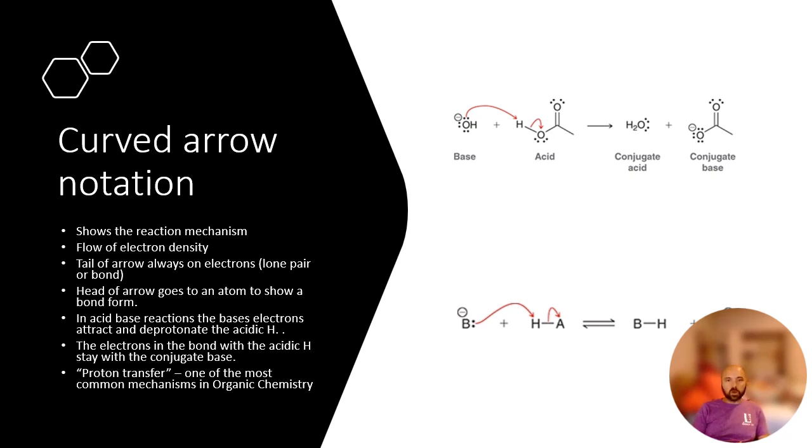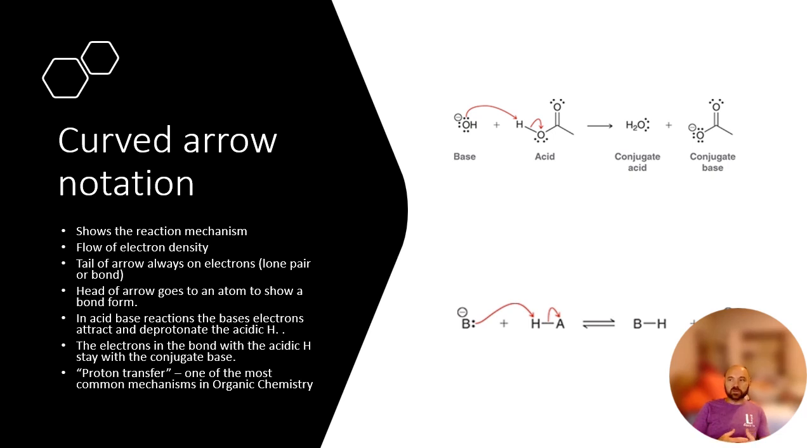This shows what we call the reaction mechanism, what is actually taking place in this particular acid-base interaction and in all reactions that we study. It shows the flow of electron density in a reaction, and it's important that the tail of our arrows always starts on a pair of electrons, whether that is a lone pair of electrons or a bond.